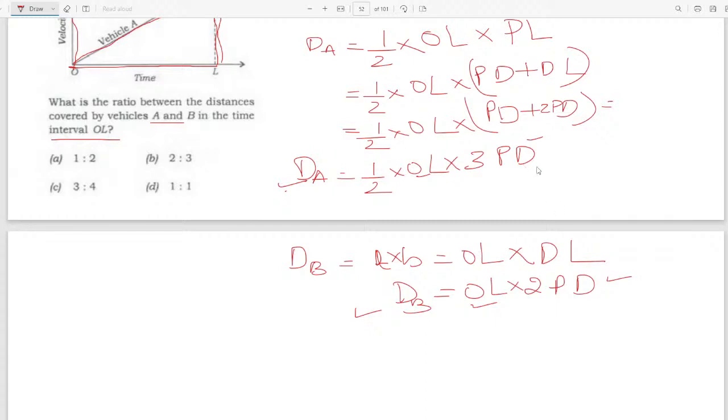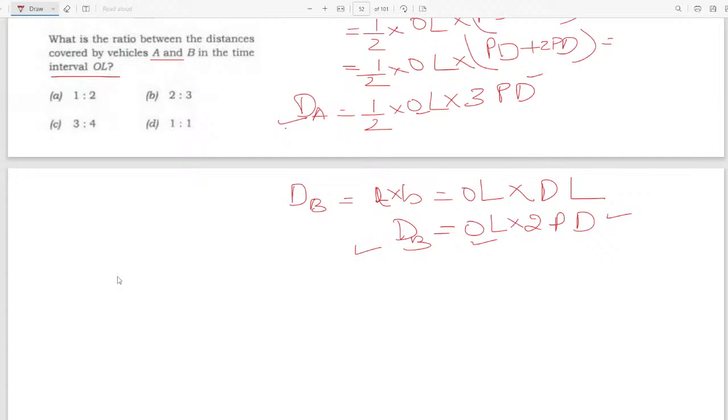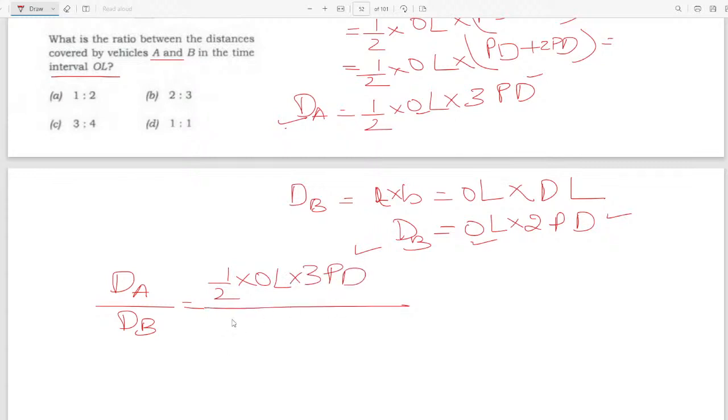So DA by DB, the distance covered by vehicle A divided by the distance covered by vehicle B, is equal to half into OL into 3 PD divided by OL into 2 PD. OL gets cancelled, PD gets cancelled. This is 3 by, this is half and this 2 is here, so 2 into 2 is 4. The ratio is 3 by 4. The correct answer is option C.